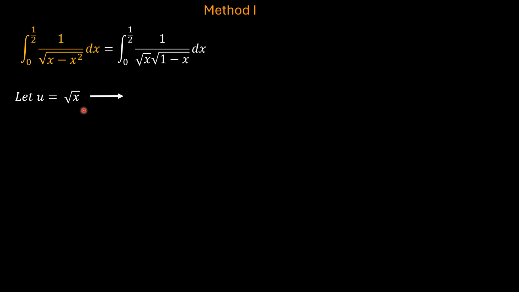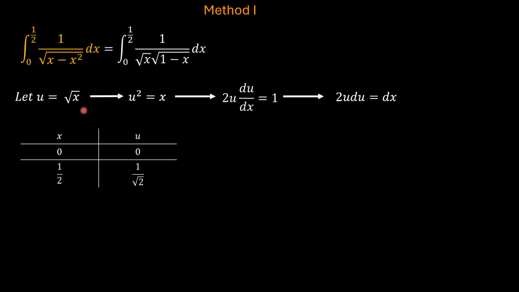Therefore u squared is equal to x, and therefore 2u du equals dx, so we can substitute for dx with 2u du, right? And then the limits: when x equals 0, obviously the square root of 0 is 0. When x equals a half, we have 1 over square root of 2.